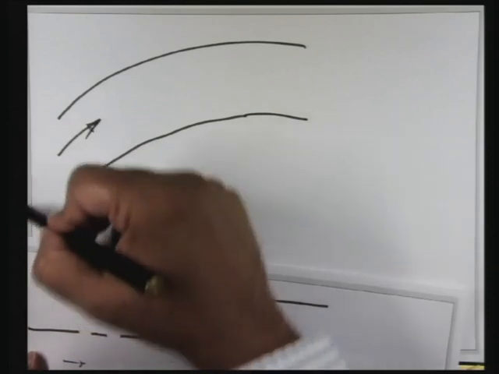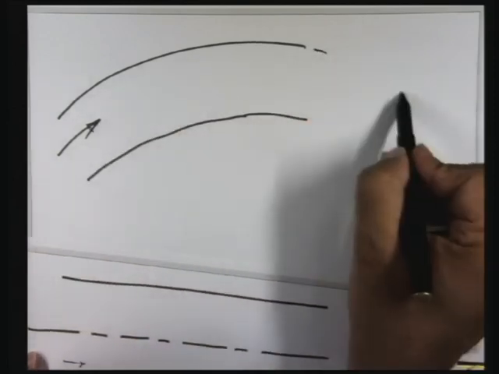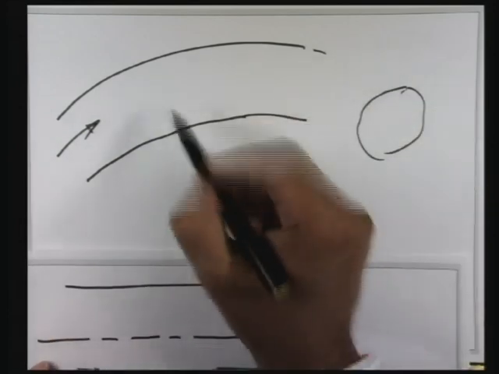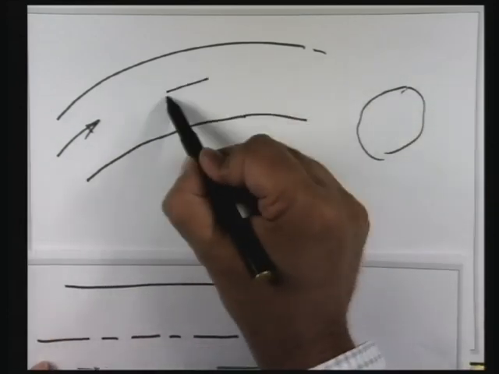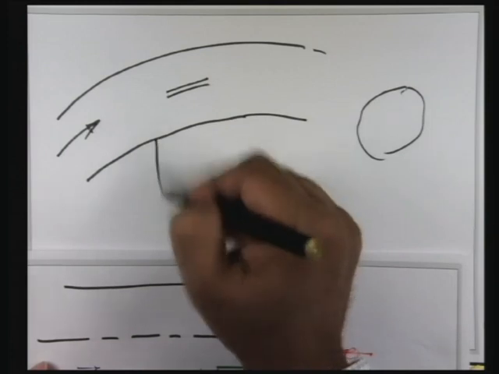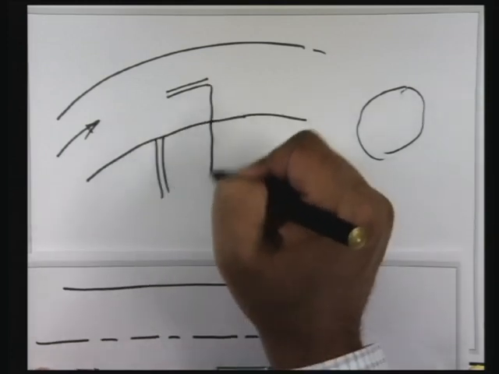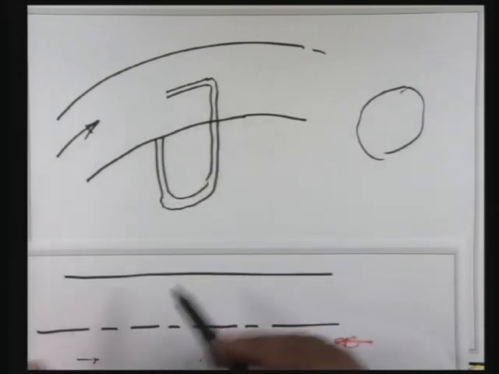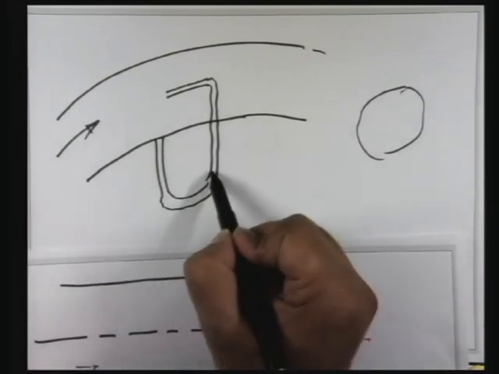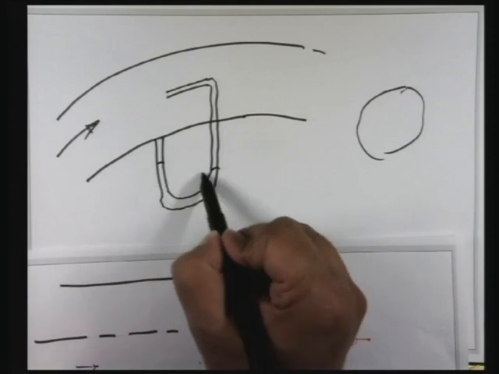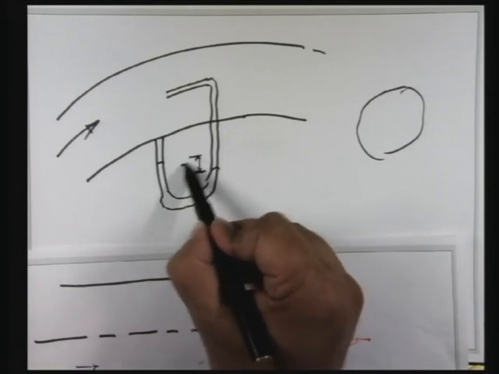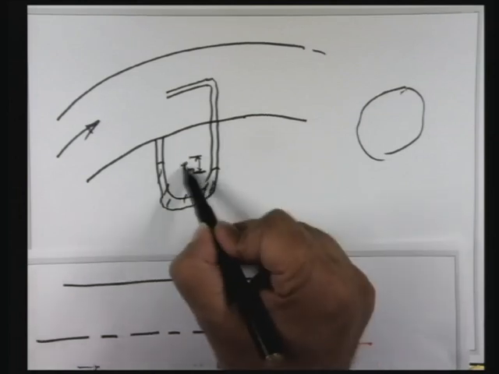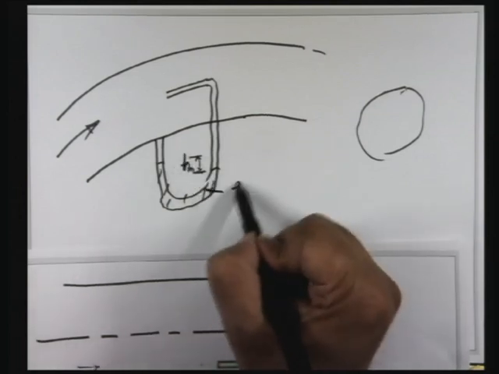So the fluid is flowing along this tube, and the cross section could be a circle. It's a curved pipe. Now here, if I insert a pitot tube and make a static pressure tap over here, this height is hm, this is my manometer, this is my rho m.